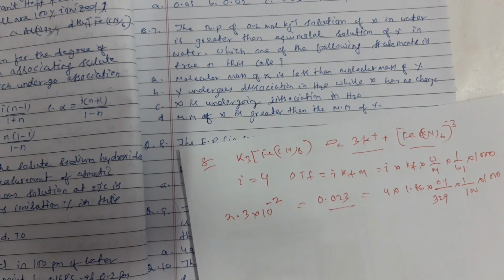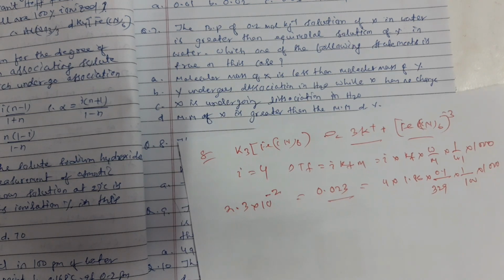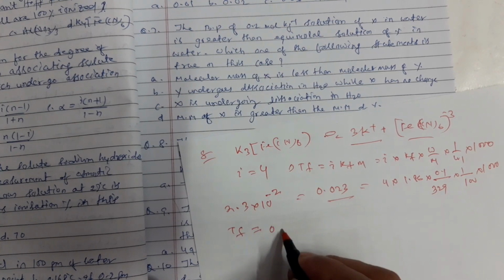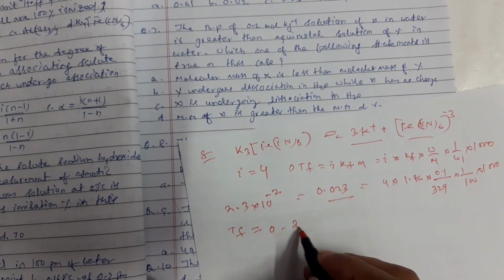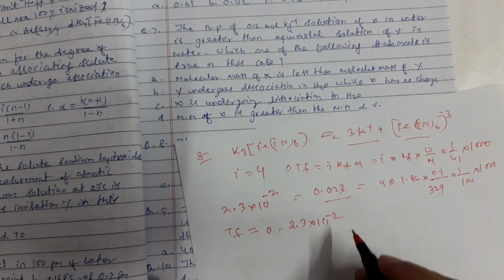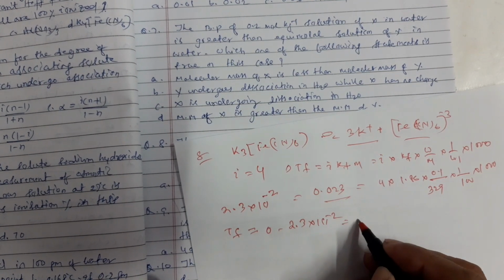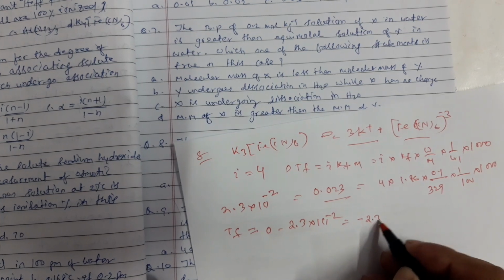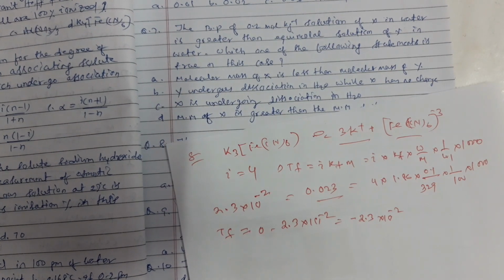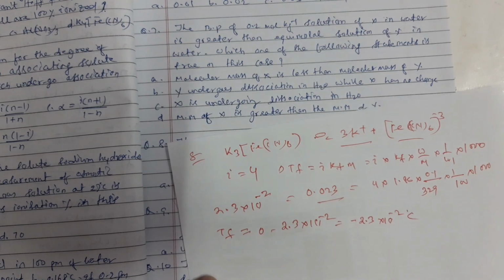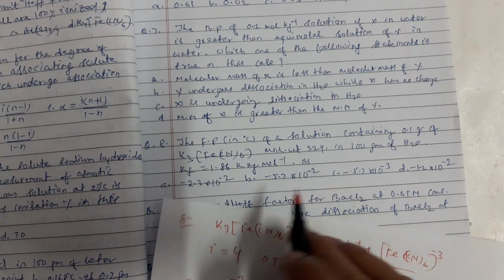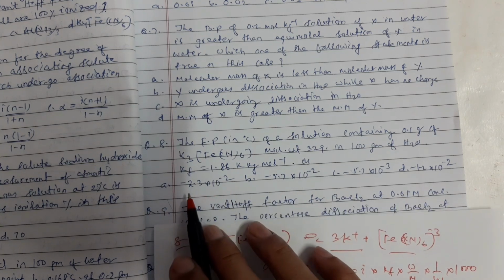Then Tf is equal to 0 minus 2.3 multiplied by 10 to the power minus 2, that is minus 2.3 multiplied by 10 to the power minus 2 degree centigrade. So out of the choices, A is the correct answer.